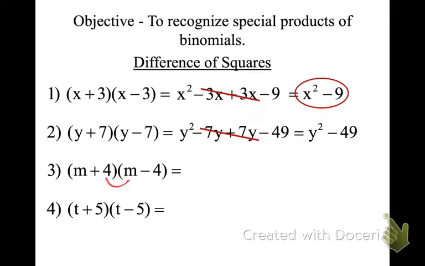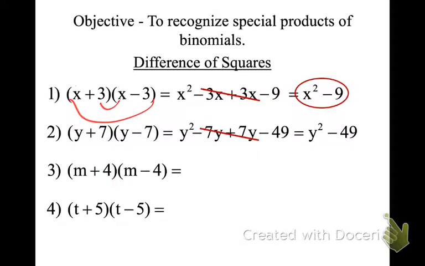When I FOIL it or double distribute it, the inner term is positive 3x and the outer term is negative 3x. We're noticing they're additive inverses, and they cancel each other out.